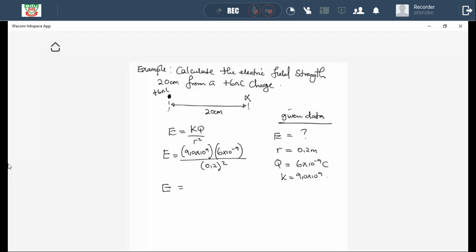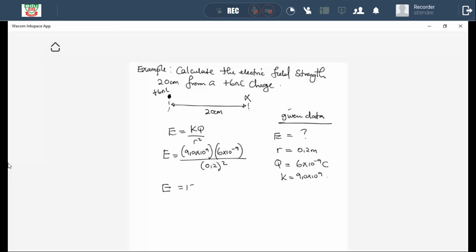Then I close, I open, then I've got 6 times 10 to the power minus 9, right? And I close, and then I've got 0,2, I close, and that is squared. Don't forget to square, right?